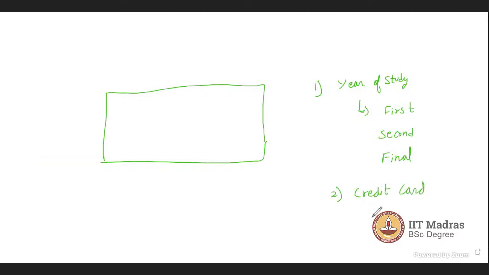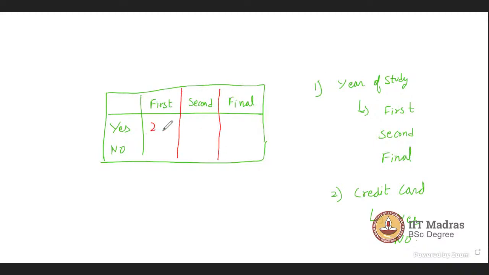It is also a categorical variable; they can either answer yes or no. I have just put this in tabulated form: yes or no, and first year, second year, and final year. I'm just taking some random values.